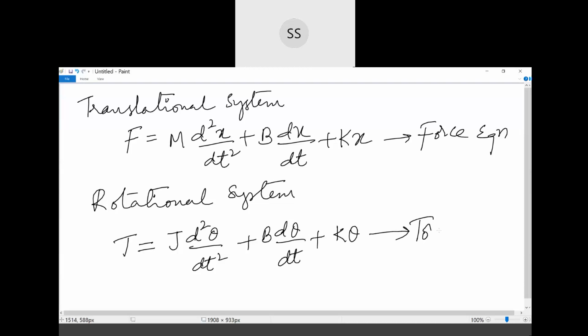This equation is known as the torque equation. These are the equations written for the translational and rotational systems having a single mass or disk, one frictional constant and one spring constant.